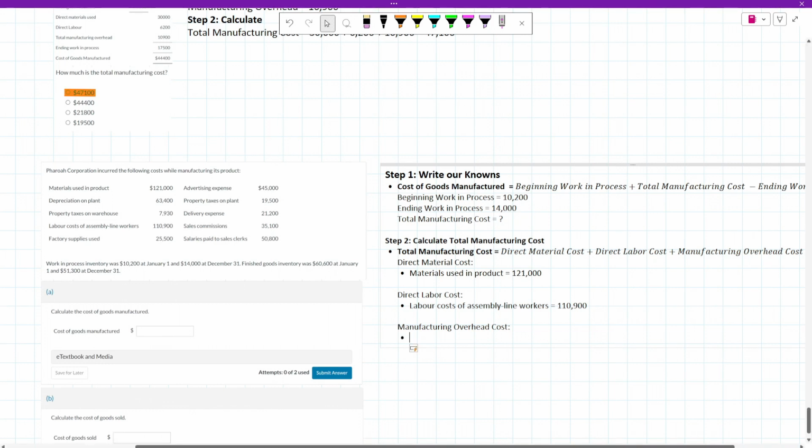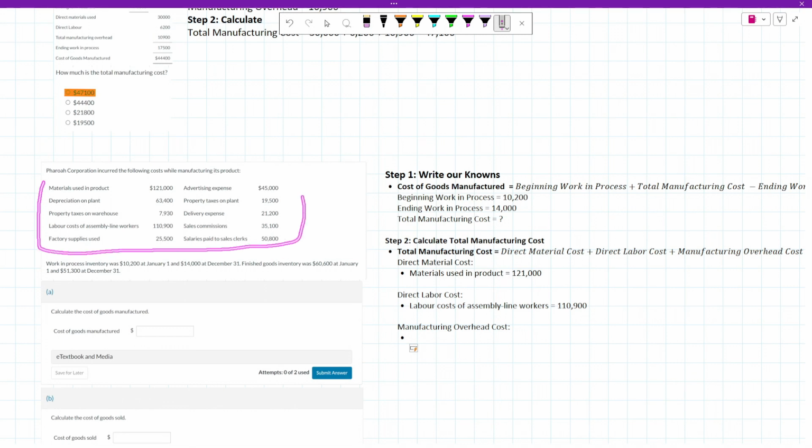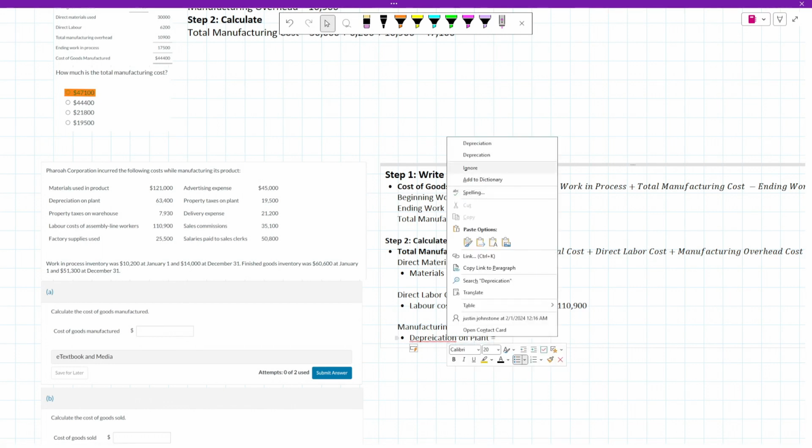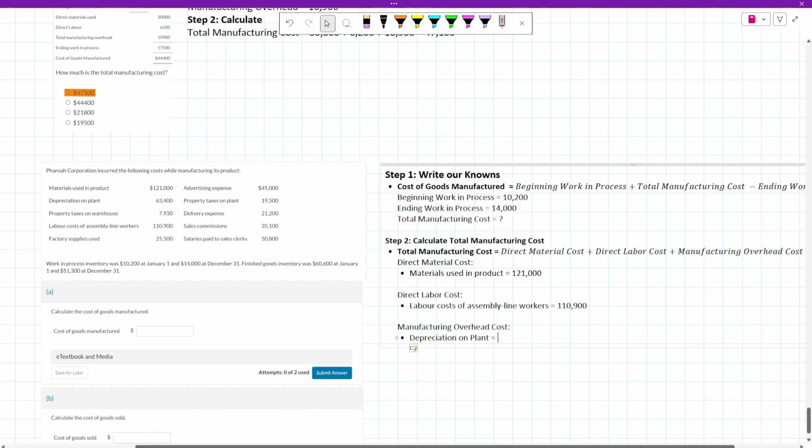And now we have to find our manufacturing overhead cost. We can see here, there's going to be 3 in our list. If you guys want to try to find out what that is, you can pause it right now, look at it for yourself. So the first one is going to be depreciation on plant. Depreciation is 63,400.